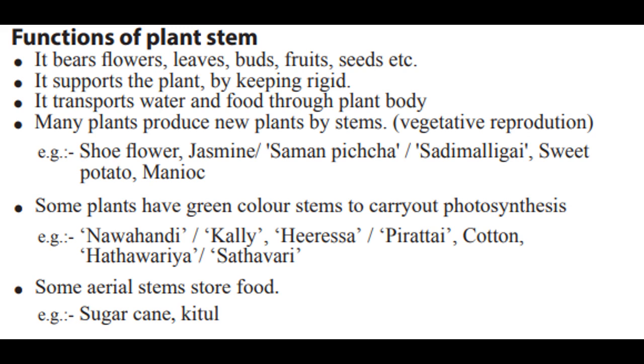Have you seen green color stems? Have you seen the cactus plant? Now, cactus plant is like this. Most of the time, this cactus plant grows in the desert area, right? They don't have leaves. Instead, they have thorns.